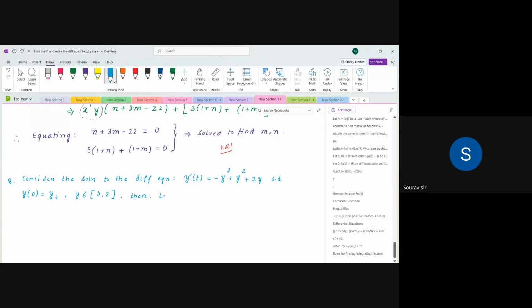Then limit t tends to infinity, y of t is how much? Option A 0, option B -1, option C 2, option D none.